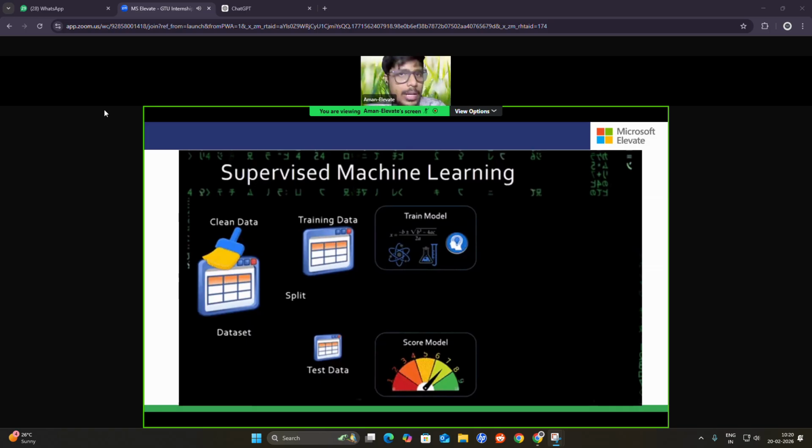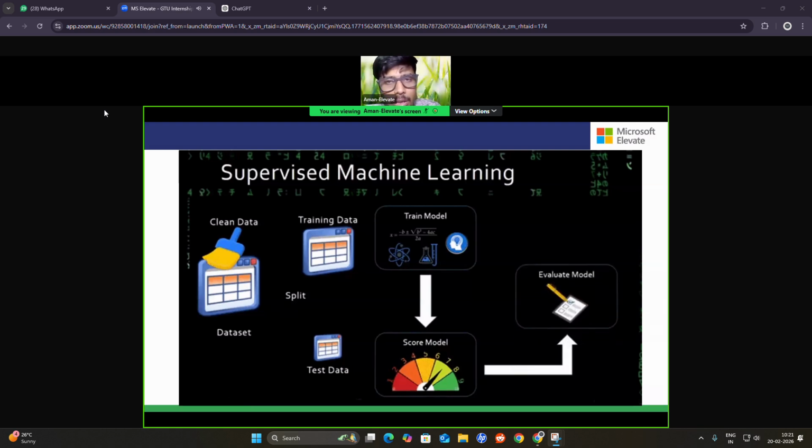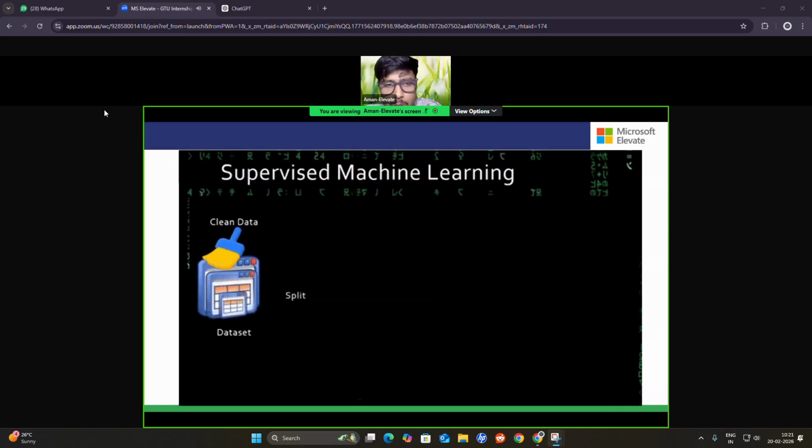What is the main purpose behind this comparison? Accuracy, you will get on training while training the model, and on testing as well. So what is the reason we are doing this multiple times?